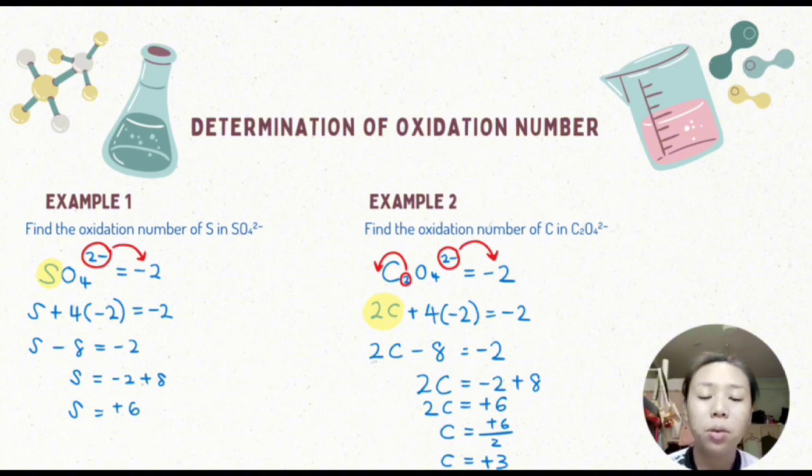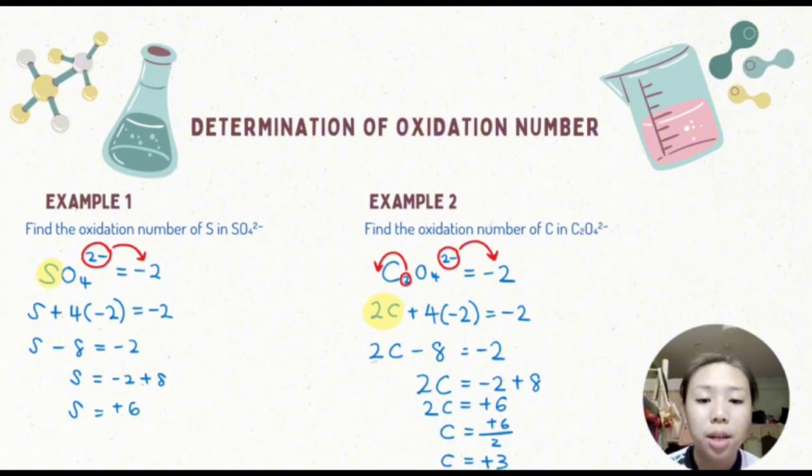For example 2, find the oxidation number of C in C2O4 2-. We do the same thing as in example 1. We rewrite C2O4 2- as equal to -2. Since there are two atoms of carbon, we write 2C plus 4 times -2 equals -2. 4 times -2 equals -8, and when moved to the left side, it becomes positive.